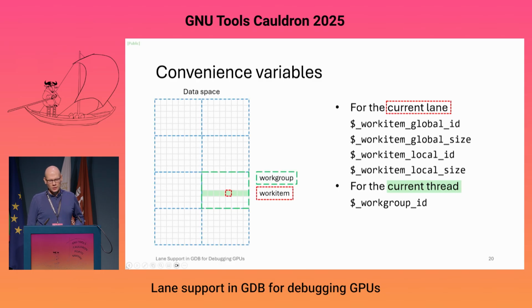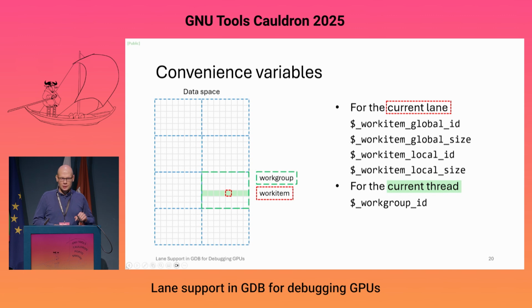And then some more convenience variables. Going back to the data space, in general this is three-dimensional, but for simplicity what we see here is two-dimensional. So this data space could be split into work groups, and within each work group there are work items. Remember that one work item is processed by one lane. So for the current lane, there would be one specific work item that it maps to.